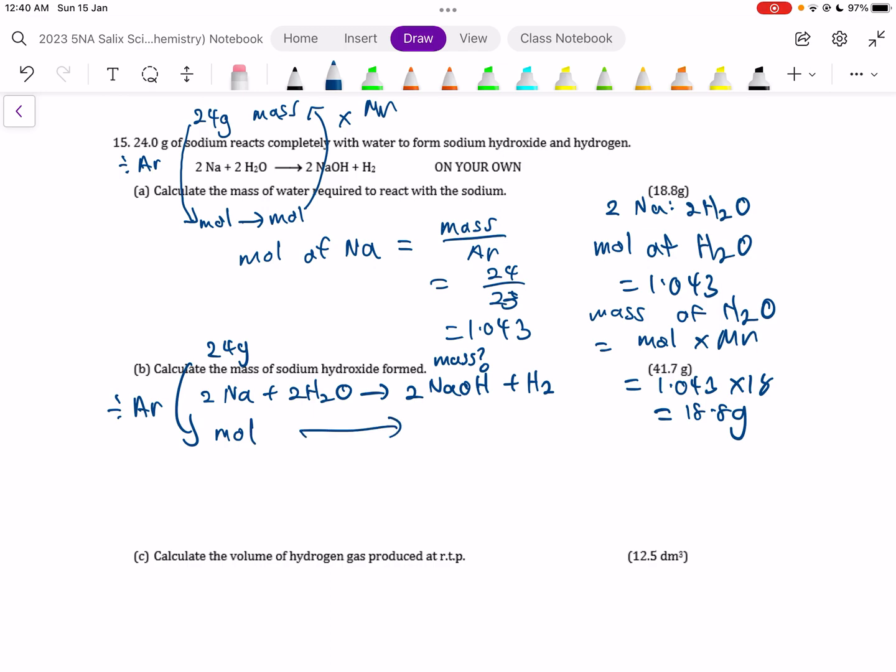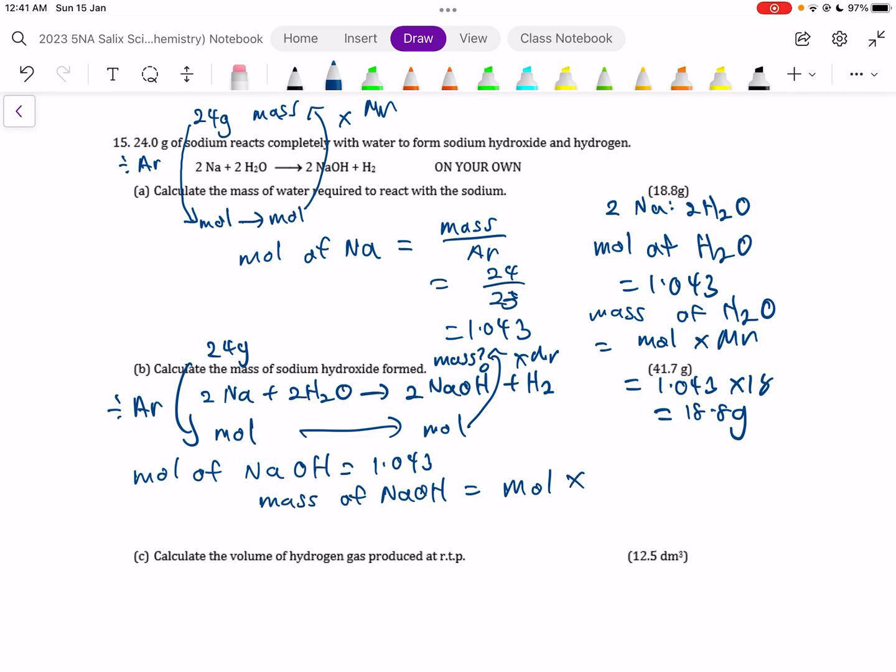Then you can get the number of moles of your sodium hydroxide, then multiply by Mr. So the number of mole of your sodium hydroxide is 1.043, and then the mass of your NaOH, you take mole multiplied by Mr.